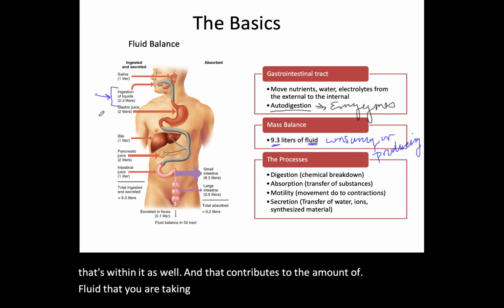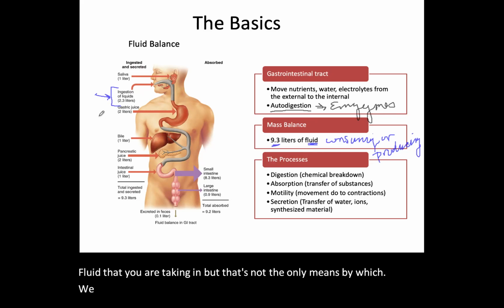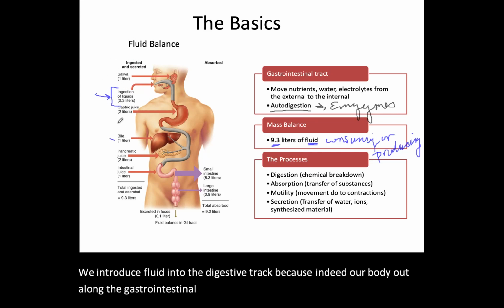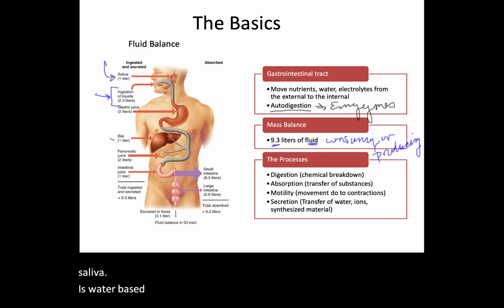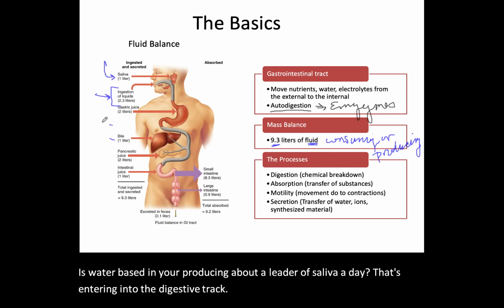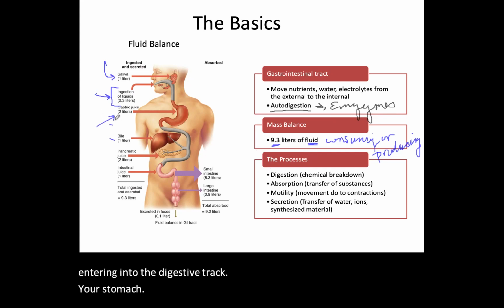But that's not the only means by which we introduce fluid into the digestive tract, because indeed our body, along the gastrointestinal tract, is also releasing other fluid. Your saliva is water-based, and you're producing about 1 liter of saliva a day. Your stomach is producing about 2 liters of fluid a day.